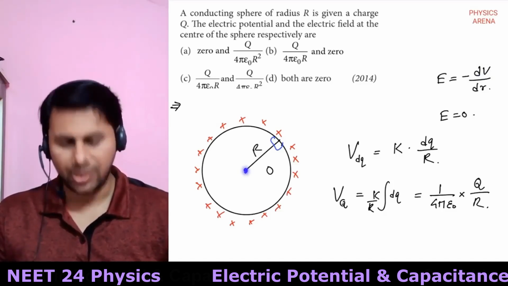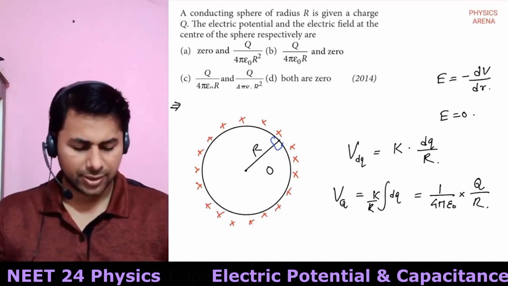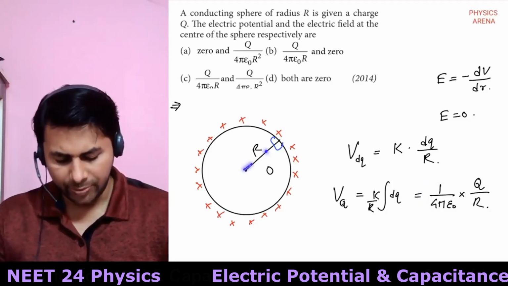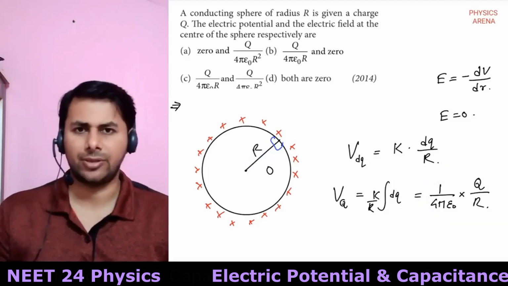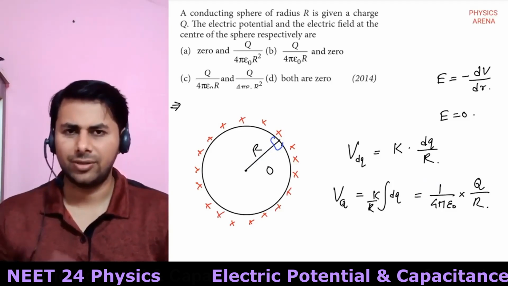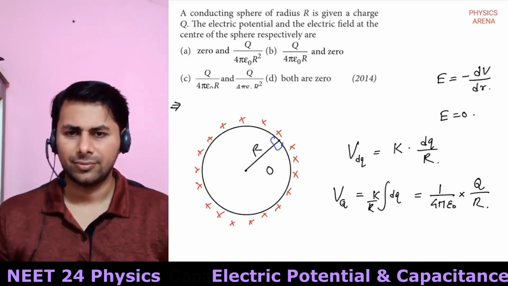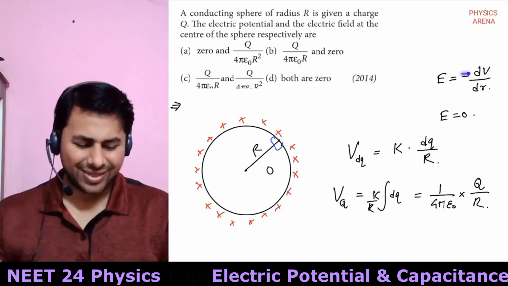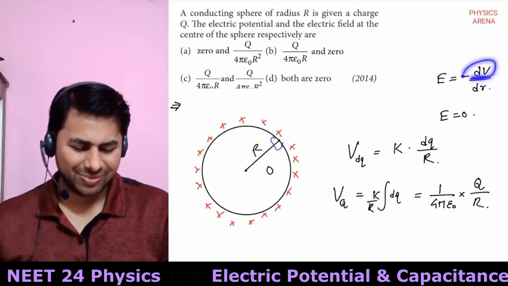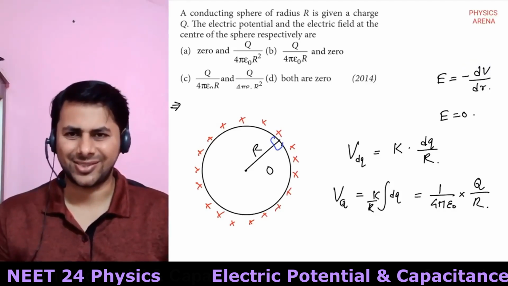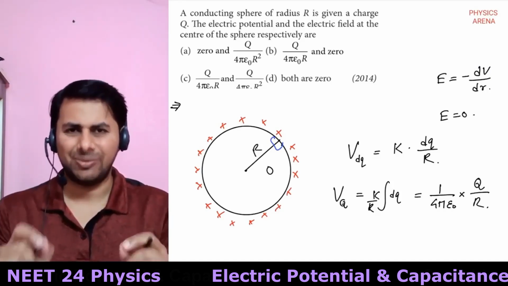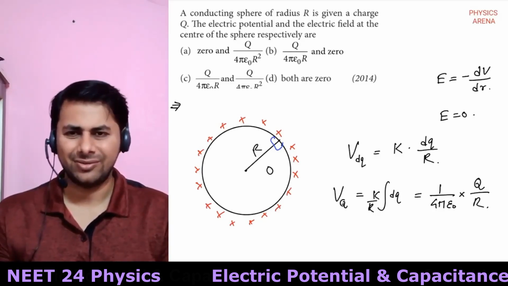If you take any other point, and there is a potential difference, there would be an electric field.